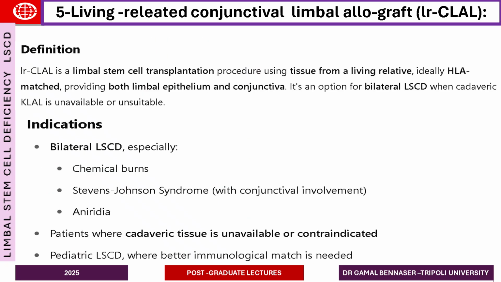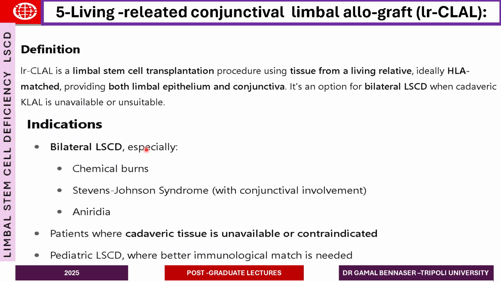In the living related conjunctival limbal allograft, we take the tissue from a close relative of the patient, so that we minimize the risk of rejection as compared to the KLAL, the keratolimbal allograft, which as you know is taken from the cadaveric cornea.